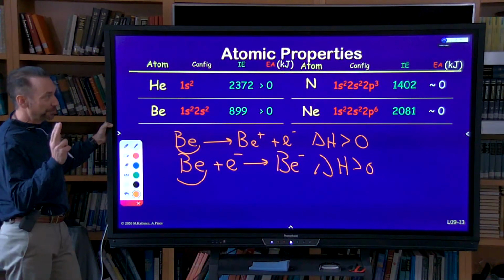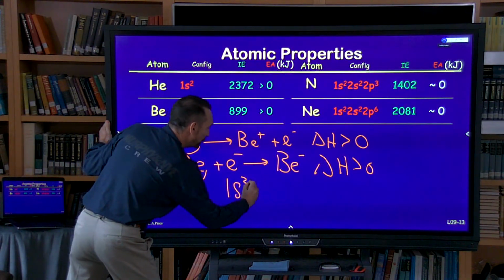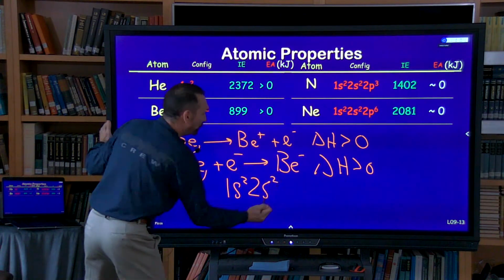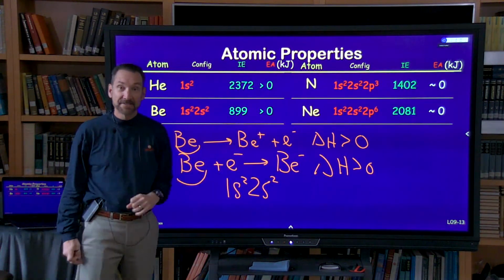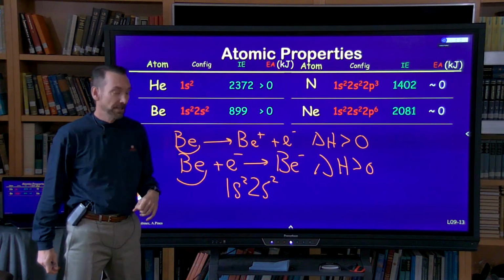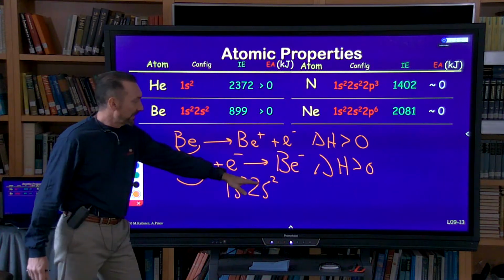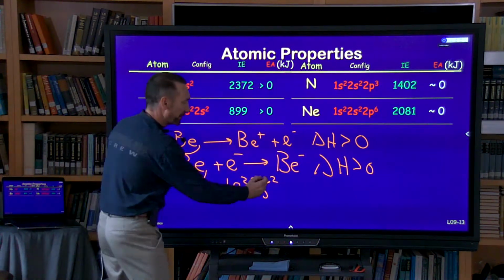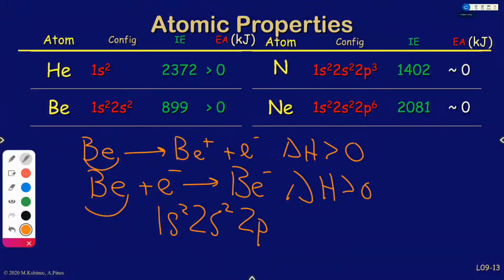And that is the point. So you have 1s2, 2s2. So you've closed that s orbital, and the filling and closing says, well, adding another electron would go to a 2p electron.